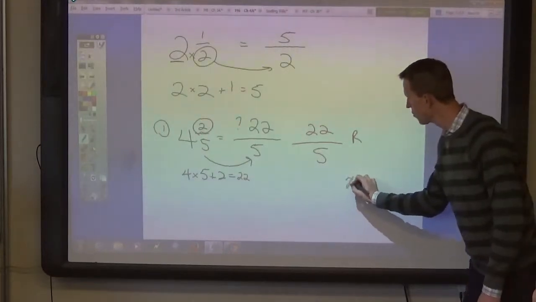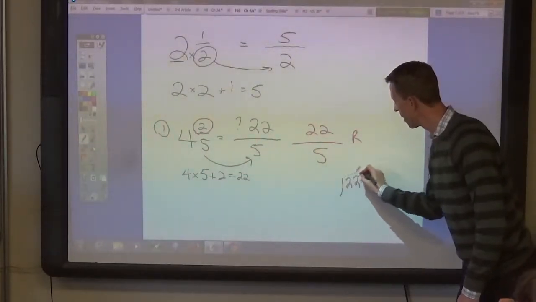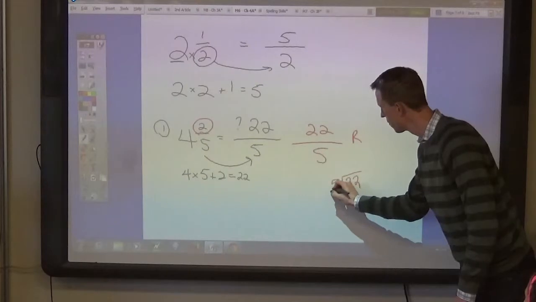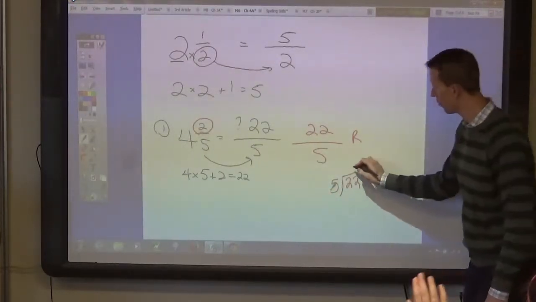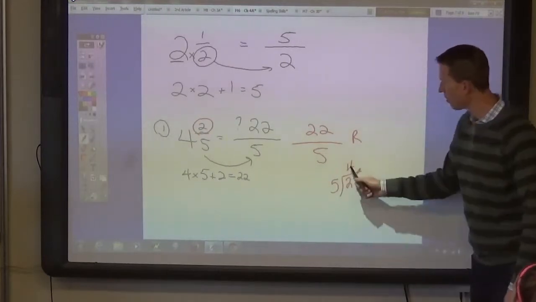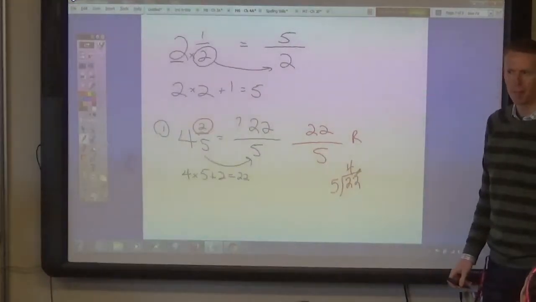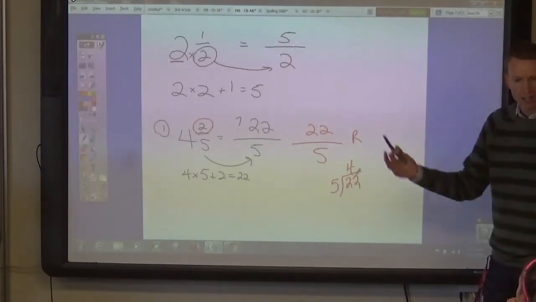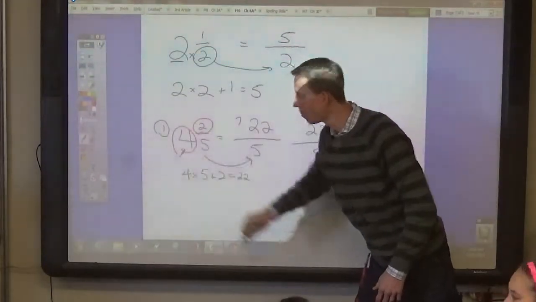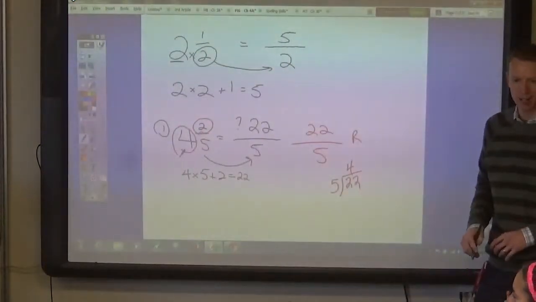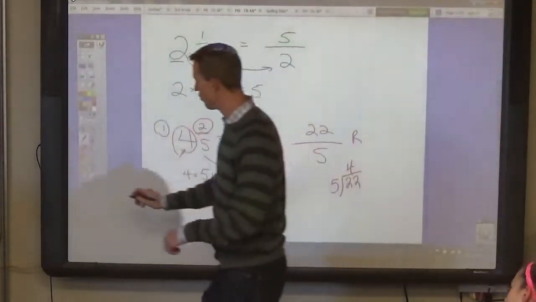So if you do 22 divided by 5, it goes 4 times. What number is that going to be in our mixed number? That's how many wholes you have. That's how many whole pizzas you can make if you have 22 fifths.